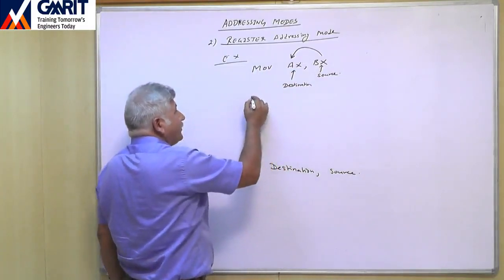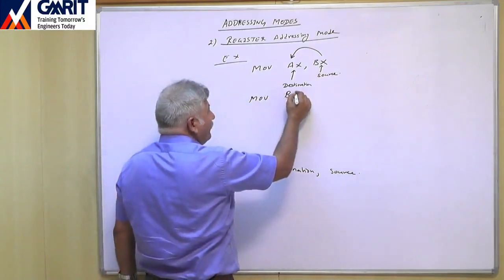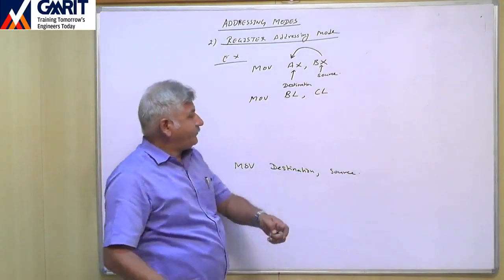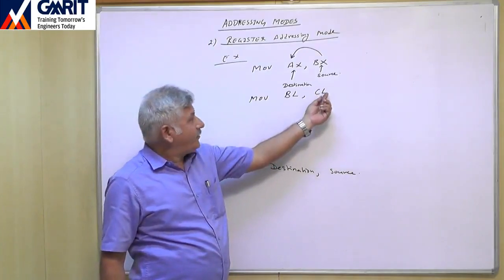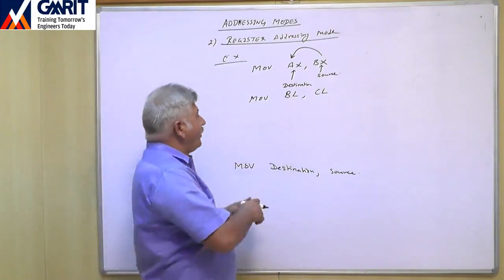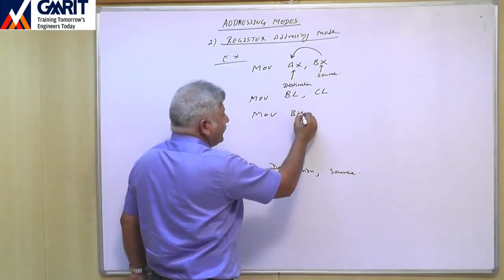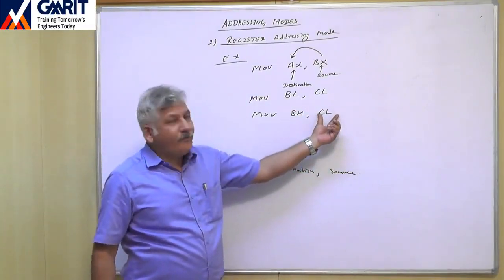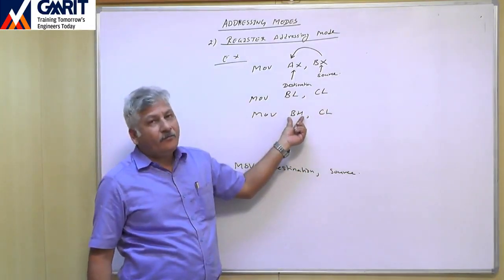So this is a 16-bit register. We can move the content of 8-bit registers also. For example, move BL, CL. So here the lower 8 bits of C register is moved in lower 8 bits of B register. Another example, move BH, CL. So lower 8 bits of C register is moved in higher 8 bits of B register.